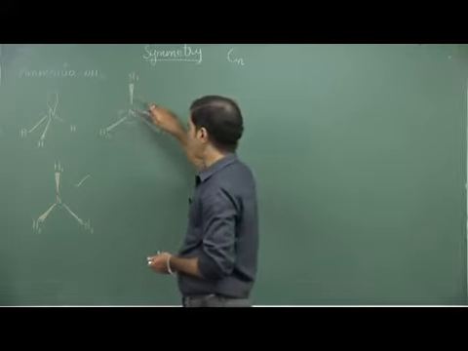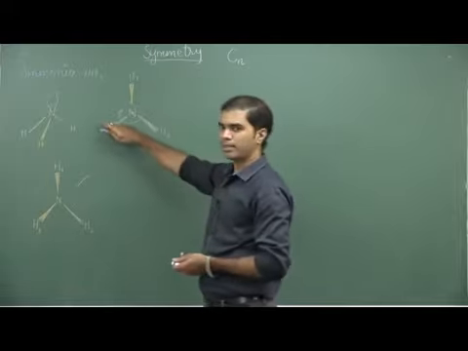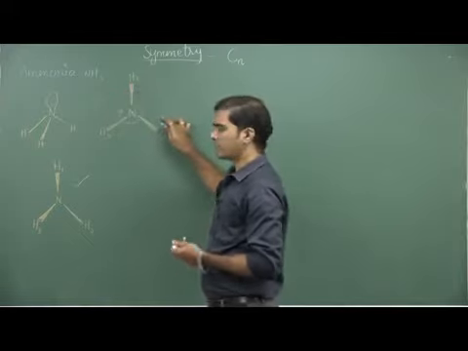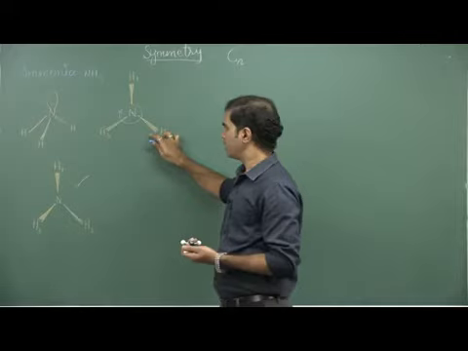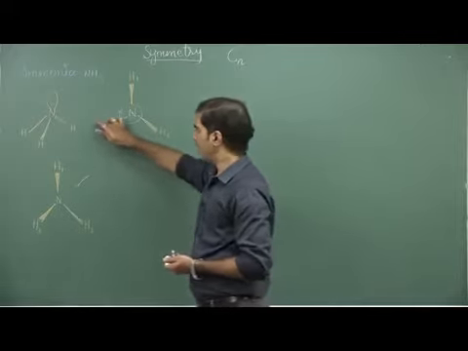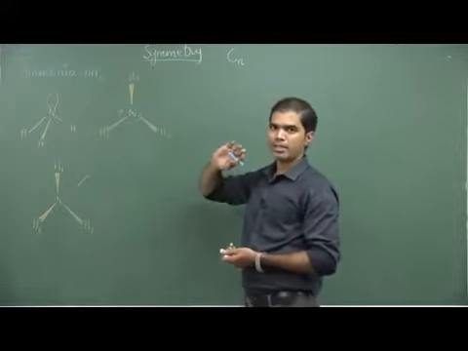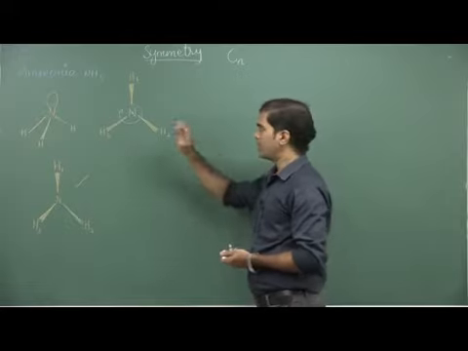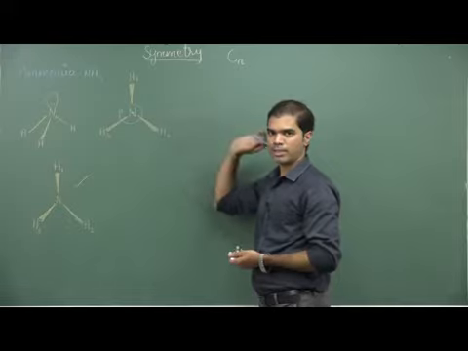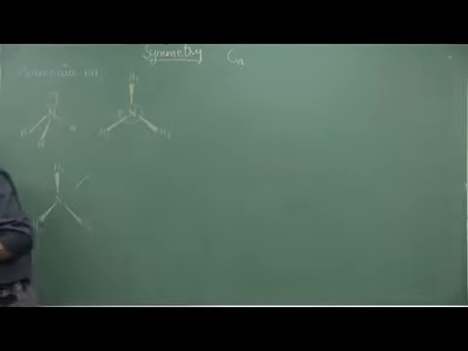Once there is a 120 degree angle of separation, I have to rotate 3 times to get an identical configuration. For the first 120 degree rotation, I get an equivalent configuration. For the second 120 degree rotation, I get another equivalent configuration. And when I rotate for the third time by 120 degrees, I end up with an identical configuration. It means I have to perform 3 different operations to get the identical configuration. So let us perform all these 3 different operations.